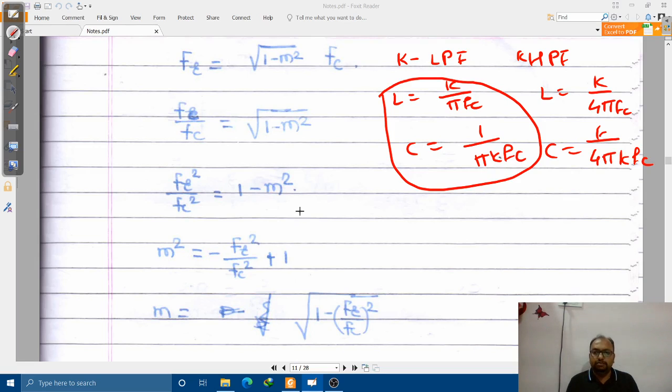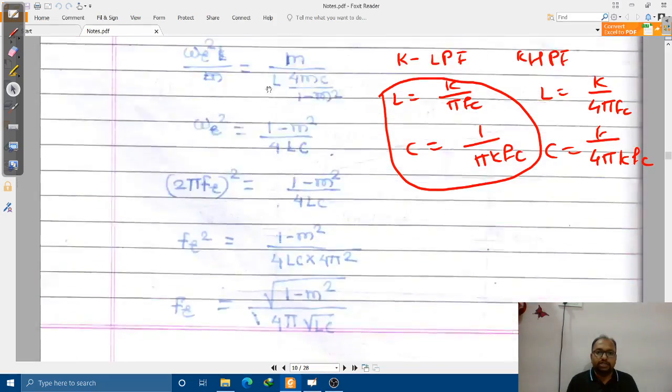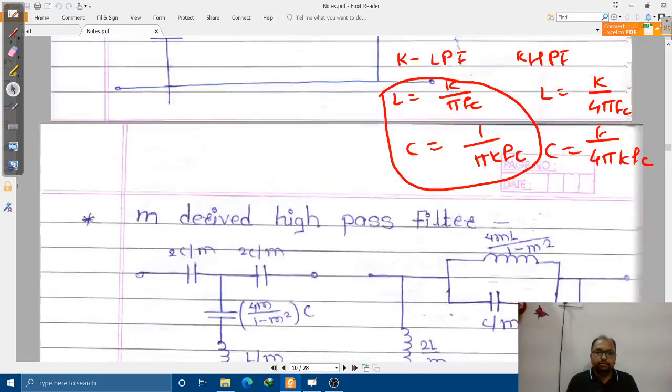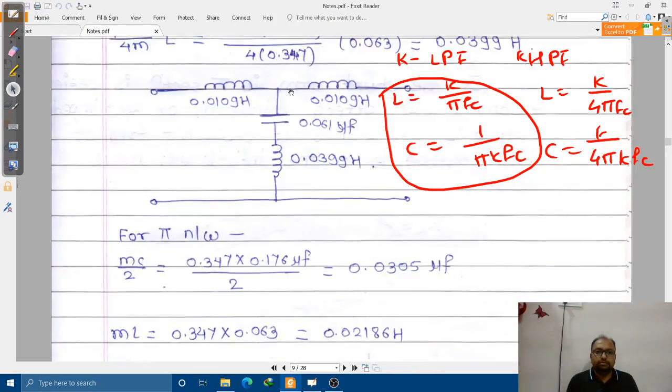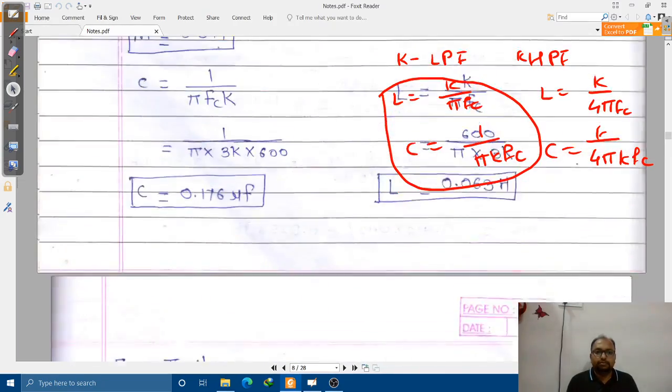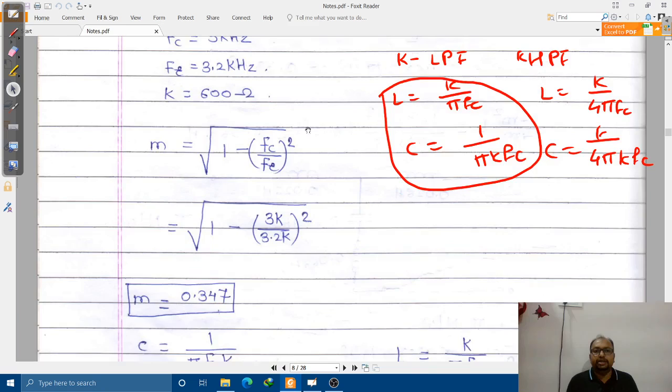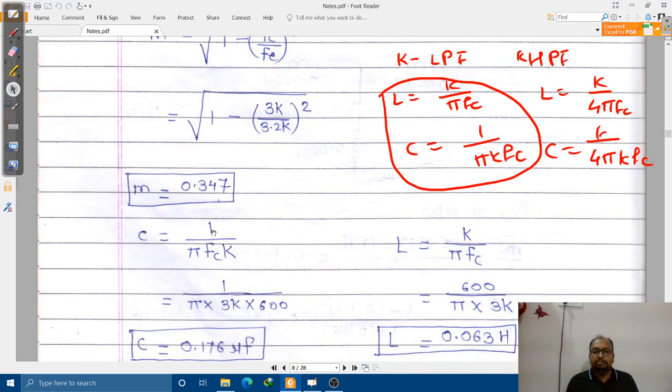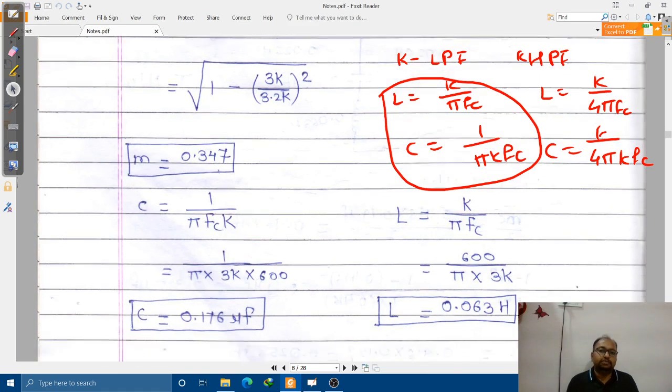Understood? Okay, I hope I have written the correct formula. Let me check it once again. Yes, I have written it correctly. C is 1 upon pi fc K, and L is K divided by pi fc, right?